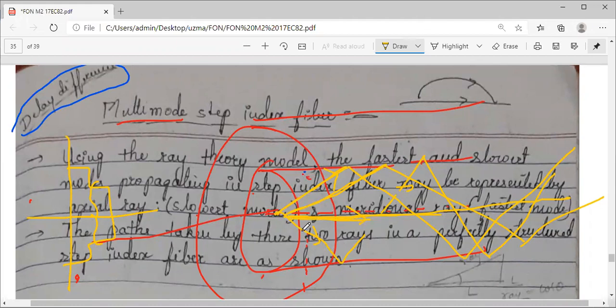So out of these many different modes, let me consider only two for my analysis. One is the slowest mode and one is the fastest mode. It is something like, in a train you have the engine first and the last compartment, say number 10. So no need to consider all paths.